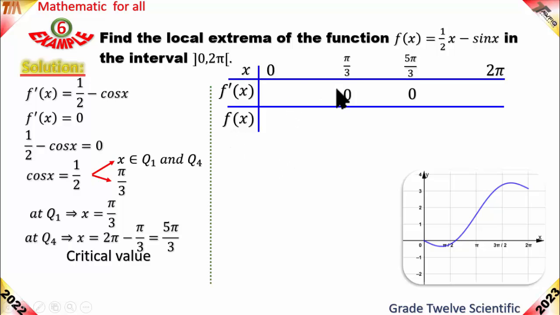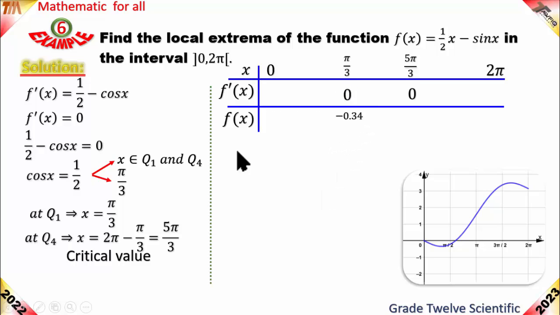Now take a value from each interval, but be careful, try to take pi over 2 or pi. As you can see, pi over 3 is 60 degrees, and 5 pi over 3 is 300 degrees. We can take pi or pi over 2.